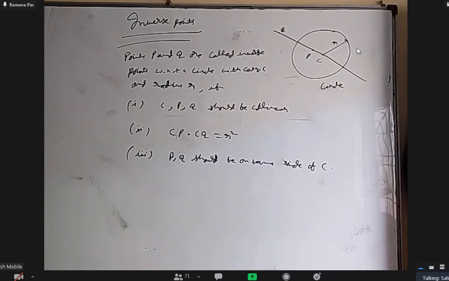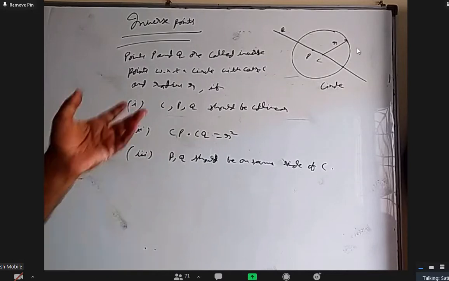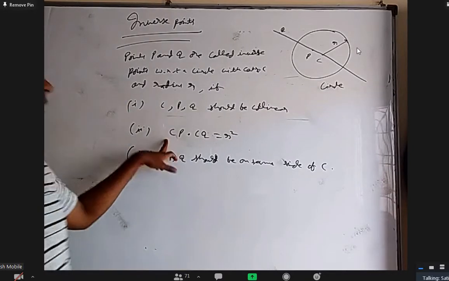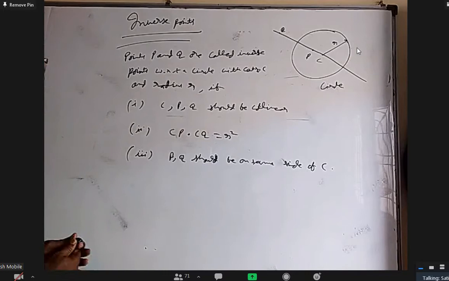If both are inside the circle, what will happen to CP into CQ? Less than R square. And if both are outside? Greater than R square. We want equal to R square, which means if one of them is less than R, the other one has to be greater than R. Okay.